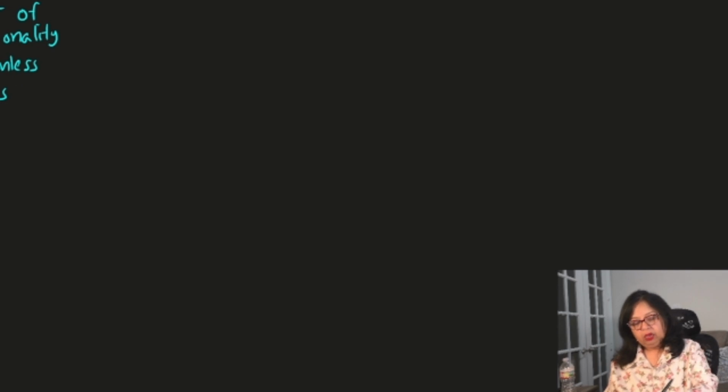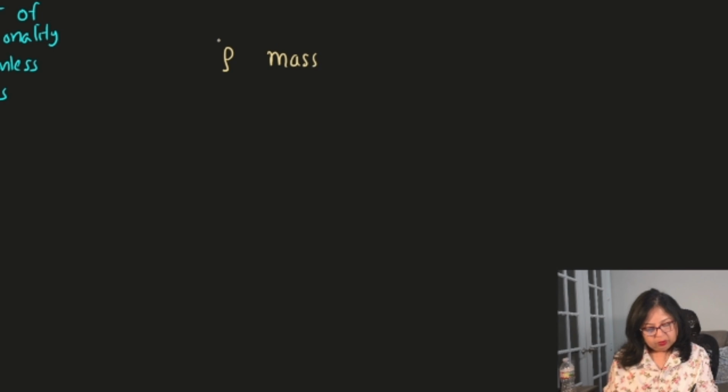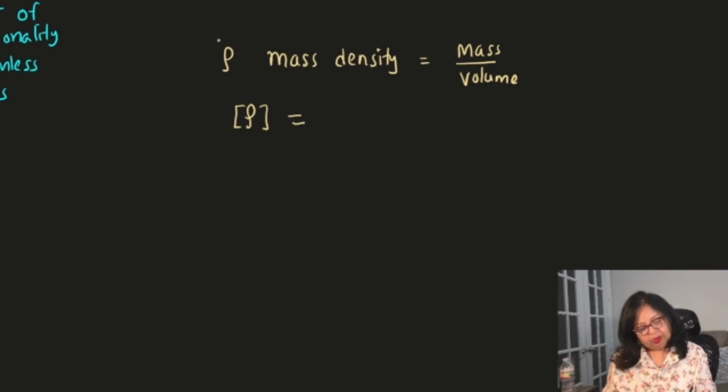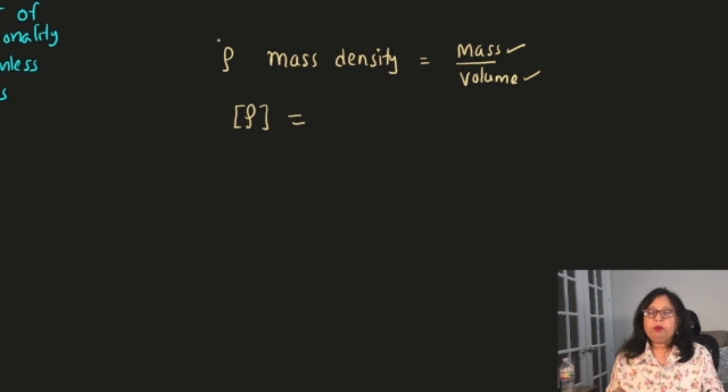Talking about mass density rho, what would be its formula? It will be mass per unit volume. So rho's dimensional formula equals the mass dimensional formula divided by volume.